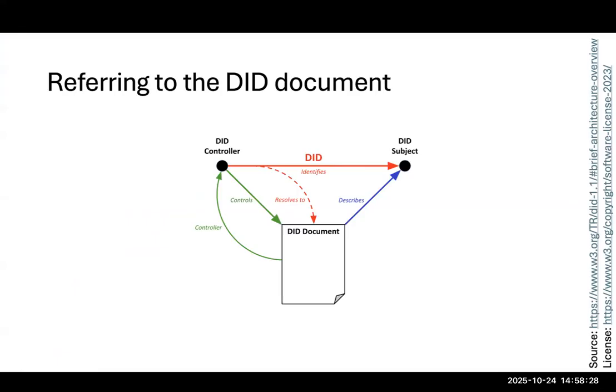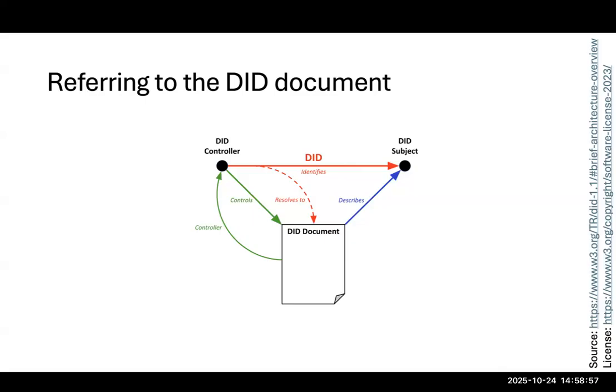So to recap, we addressed the first two layers of the whole SSI framework. The key technology at layer one is the DID, the decentralized identifier. The decentralized identifier essentially identifies a DID subject.